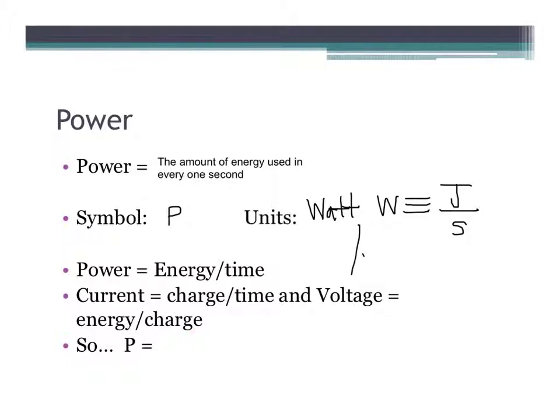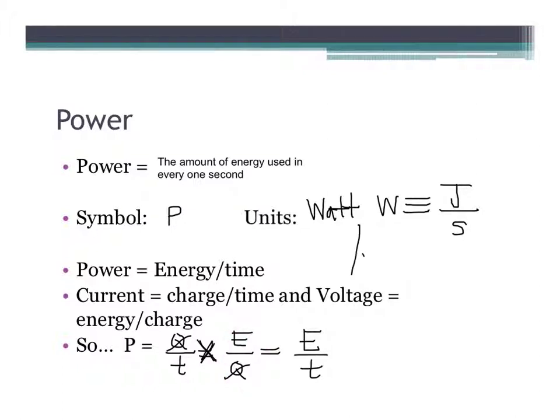So if we take current, which is charge divided by time, and multiply that by voltage, which is energy divided by charge, we get charges canceling out, and power is equal to energy over time, which is what we just said. What we did here is we took current multiplied by voltage.